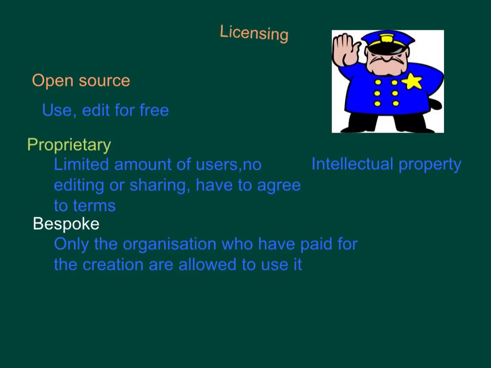Now, under the copyright, design and patents, if you're paid to work and create something for somebody, everything you create under that employment or that paid contract belongs to the person that is paying you. Okay, so if you were working and creating something for somebody else, even if you made it, they own it because they are paying you to create it.